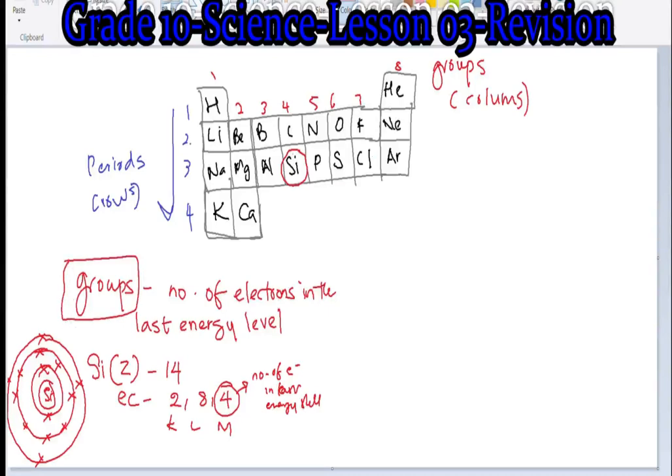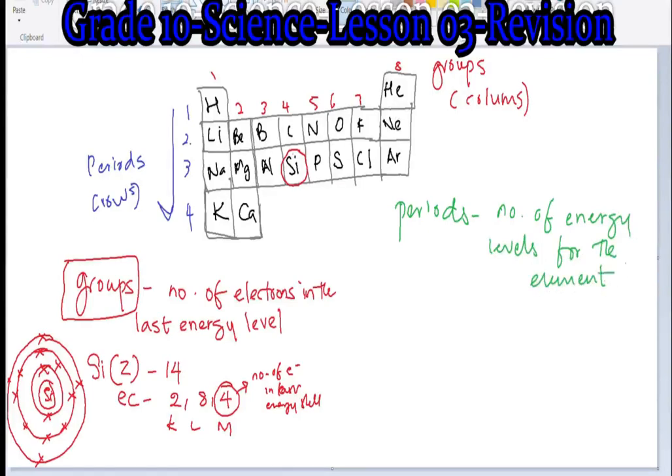Now if you are talking about periods, the period will give you the information of the number of energy levels for the element.